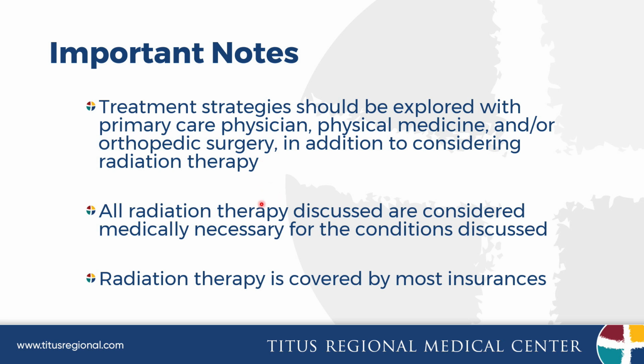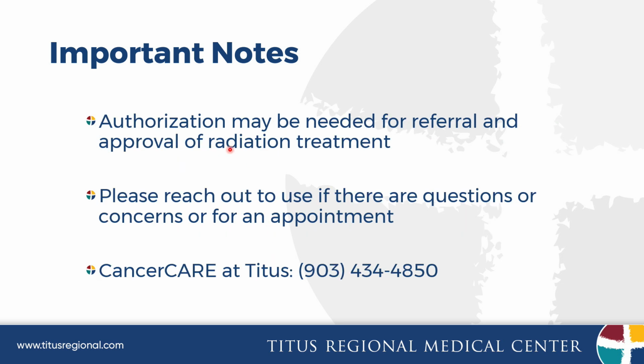All the radiation therapy we discussed here are considered medically necessary. And the last thing that I do want to mention is that for a lot of patients, radiation therapy is covered by most insurances. We do need to have authorization for referrals and approval of radiation treatment.